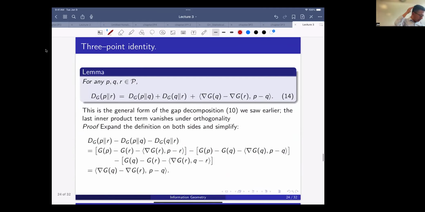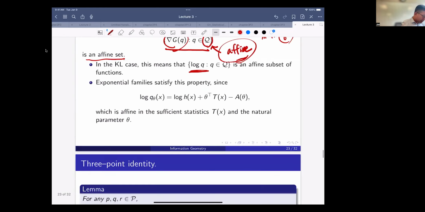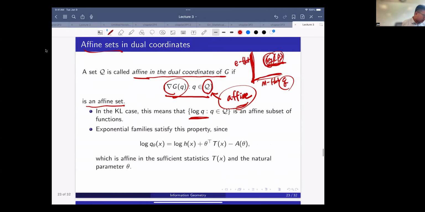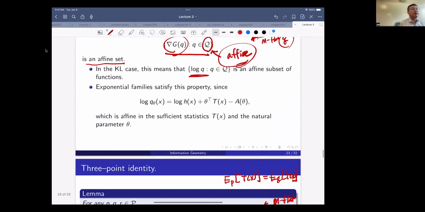So how do you want to characterize it? If you look at the three-point identity, say this point belongs to M flat, that means P and Q satisfy the same moment: E_P T(x) equals E_Q T(x).